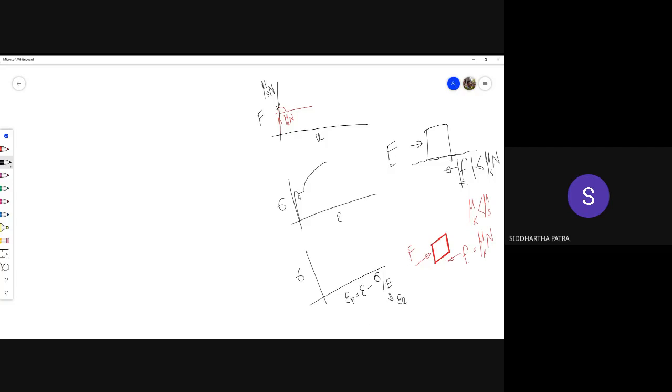You see, before you reach the upper yield point, there was no plastic strain. So basically, the curve would be, let's say this is the upper yield point, this point right here. Up to this point, it moves vertically upwards.